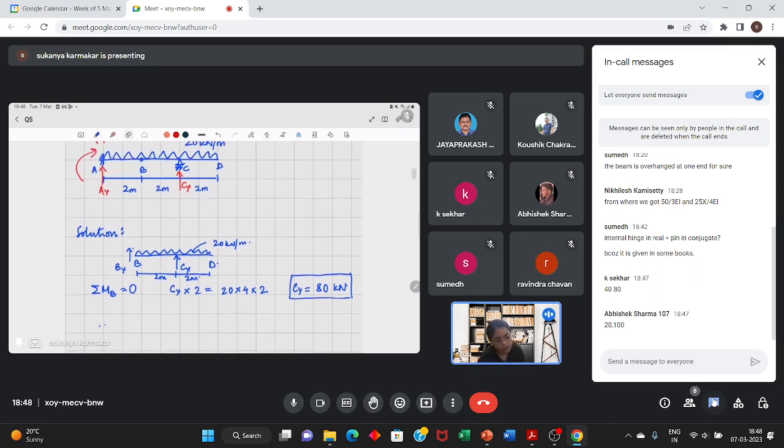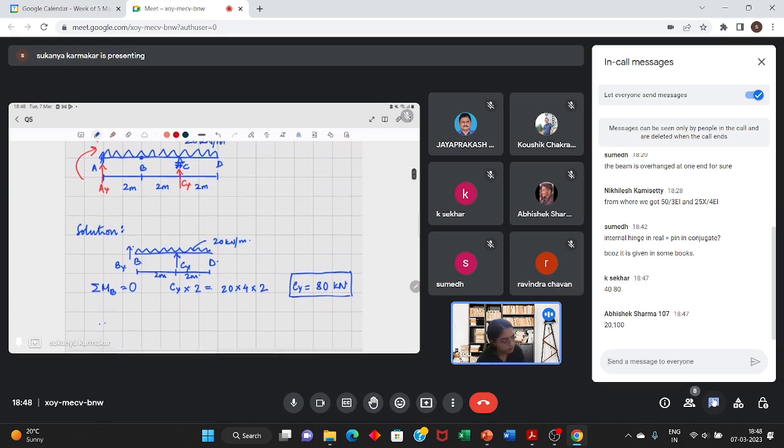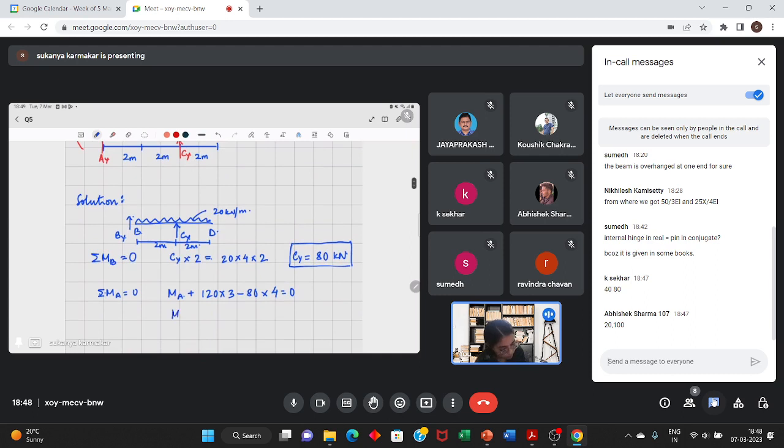Now take the overall structure and there take moment about point A. Summation of moment at A is equal to 0. So clockwise moment is taken as positive. So MA plus 120 into 3 minus 80 into 4 is equal to 0. So MA is equal to 320 minus 360 is equal to minus 40 kilonewton meter.